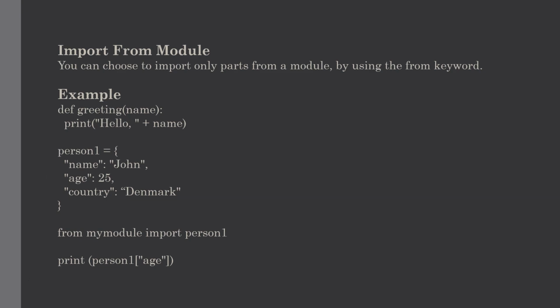From this module, if we want to import only the dictionary, we will use the from keyword. So we have to give from, the module name, which will be my module, and import person1, which is a dictionary. By using the from keyword, we can choose only the parts from the module that we want to import.